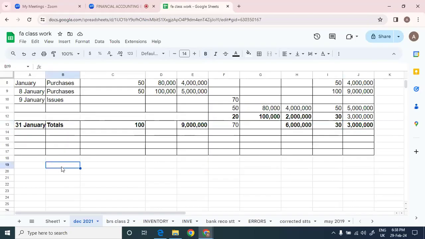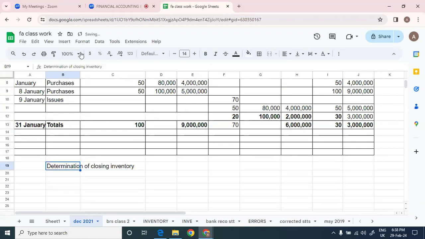From there, I normally do a small table saying determination of closing inventory to prove myself. So to get the closing inventory, we start with what?